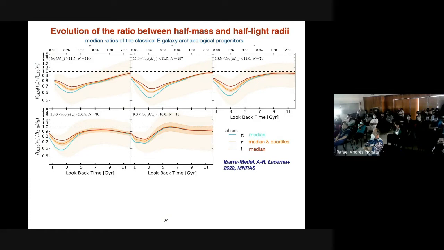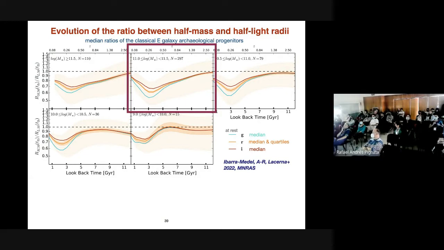Here, as a function of redshift, today is here, the past is to the right. You can see that these elliptical galaxies typically at high redshift have more or less the same mass radius as light radius. But as time goes on, the mass radius becomes smaller than the light radius, up to recently, reaching about 0.3, 0.4, when this inverts. We see this trend for all the masses, only for the less massive galaxies it is later. All this behavior becomes later for massive galaxies.